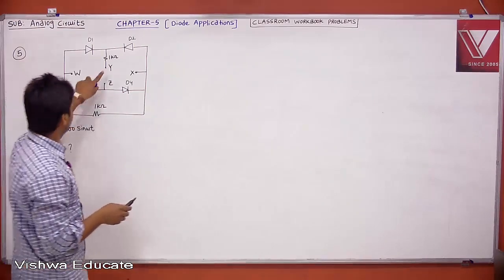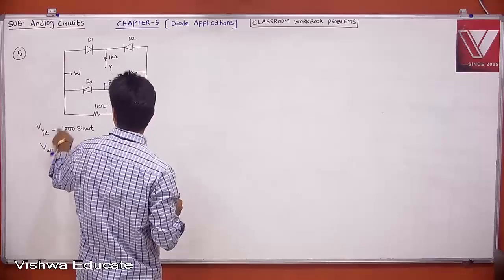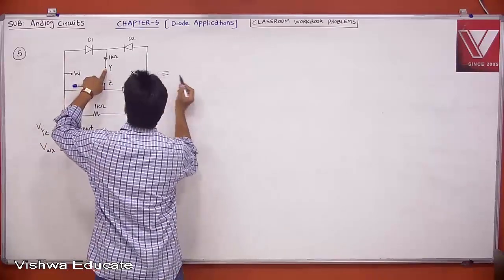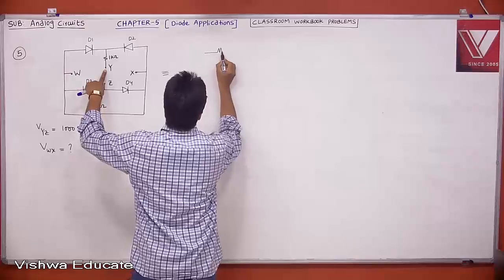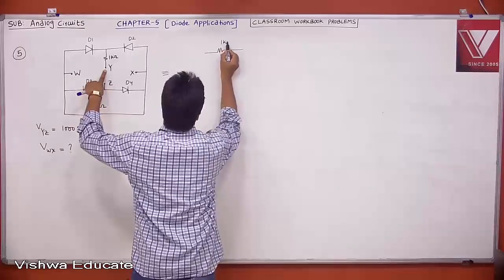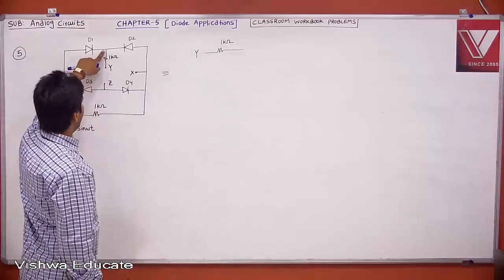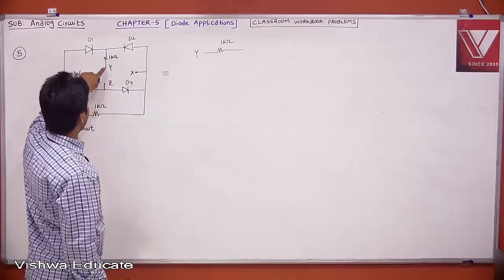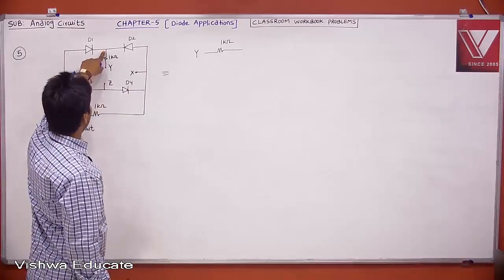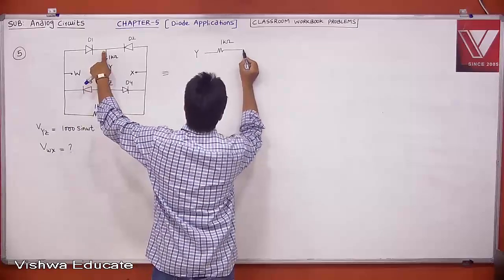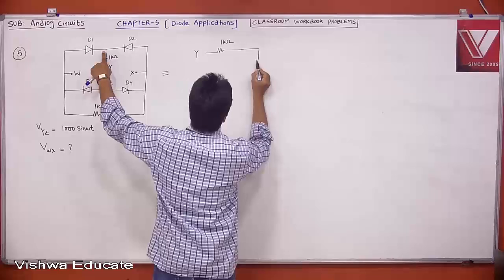This is your YZ, because I'm applying between Y and Z, Y I'm taking as this. Therefore, if I convert, this is your 1 kilo ohm resistor, and this is my Y. Okay, and this is my Z. For Y, what is your diode D1? Your diode D1 is connected like this.